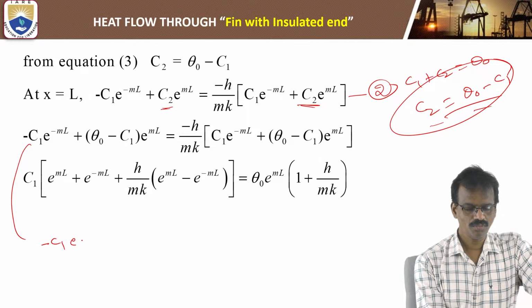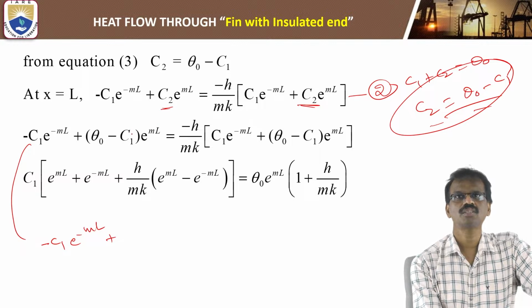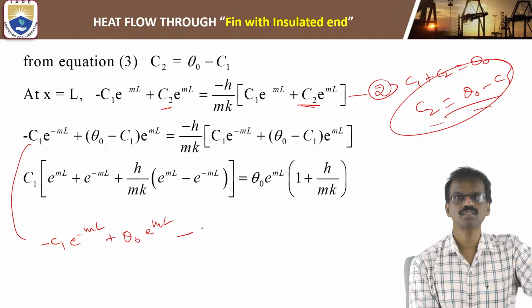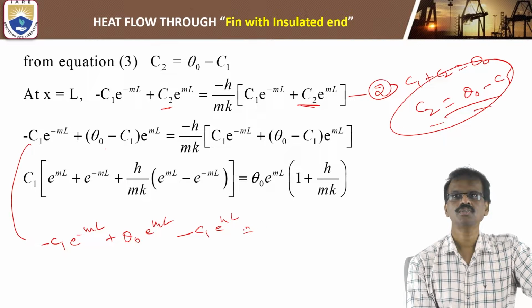Just I am repeating this one, so listen carefully. Minus C1 e to the power of minus ml plus theta naught into e to the power of ml, minus C1 into e to the power of ml. So that is the first term is equal to, and here also you can multiply minus h by mk with the total terms.